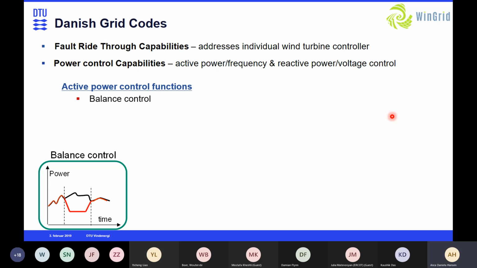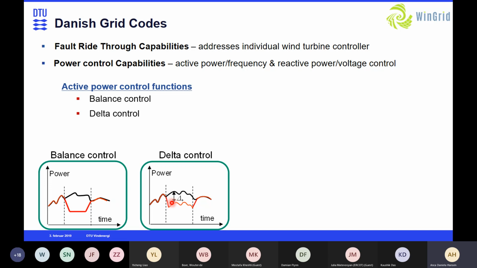You may know about balance control, where the wind farm production can be adjusted downwards or upwards in steps at constant levels. Then we have the delta control, whereby the wind farm is ordered to operate with a certain constant reserve capacity in relation to its momentary possible power production capacity.